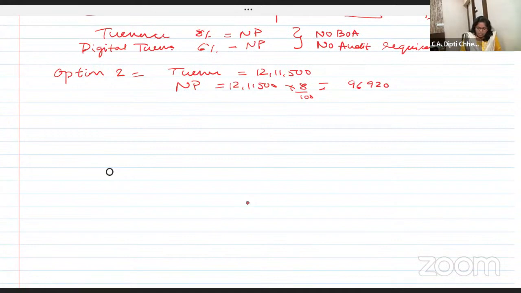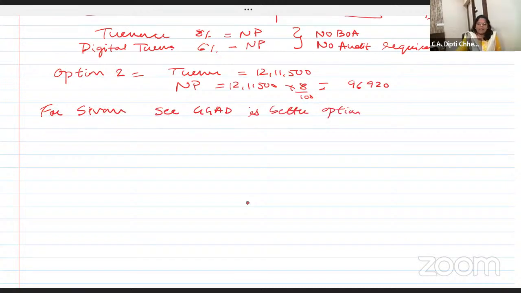Shall you go for presumptive taxation? Yes. For Shivam, section 44 AD is better option. है ना? कम इनकम आ रहा है तो कम टैक्स पे करना पड़ेगा और बुक्स मेंटेन नहीं करना. They can easily file their return in July. No books, no audit.